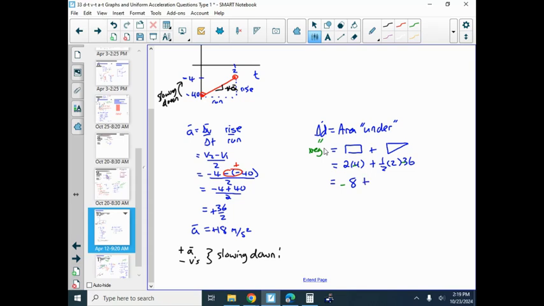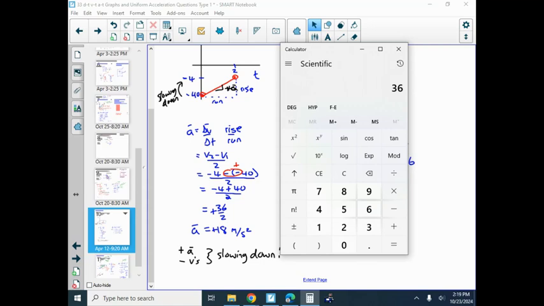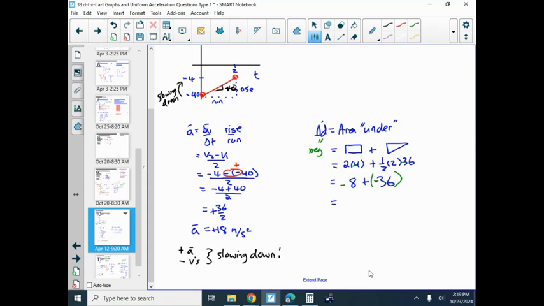So you could just do half of 2 is 1, so we have 8 plus 36, or it could be negative 8 plus negative 36. So you end up with the 36 and the 8 adding together, getting your 44. And so the answer is 44 meters.